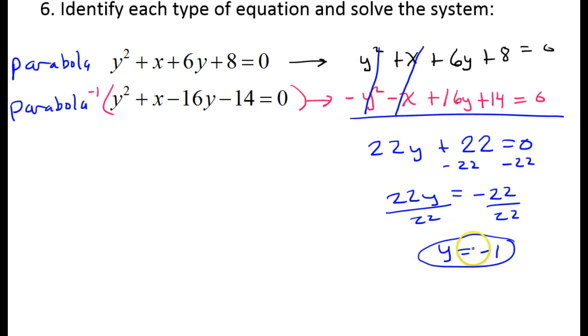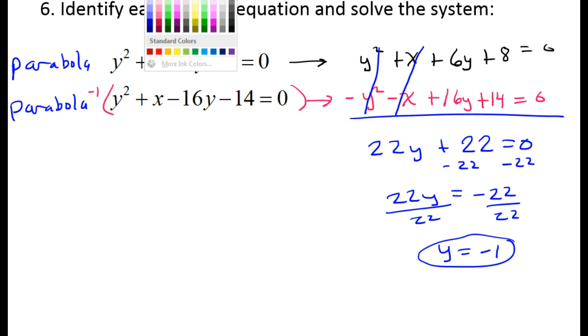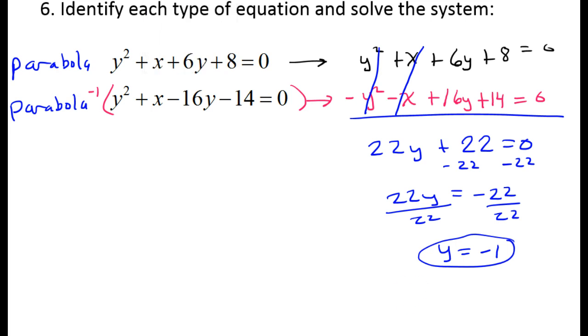As I build my solution set, let me tell you what I have so far. I've got something, comma, -1, because I've just got the y value. But I need the x value that goes with this. So what I'm going to do is pick one of the two original equations and substitute.